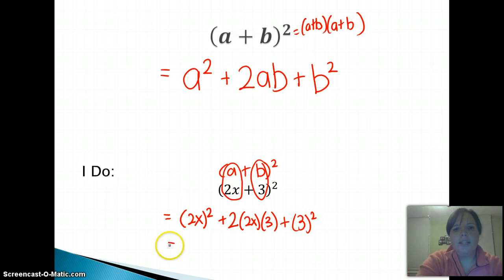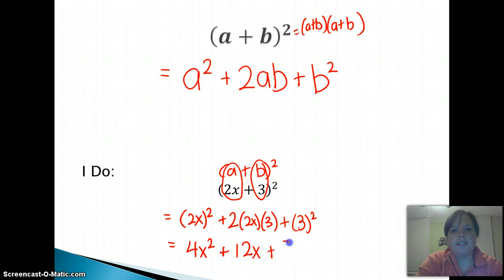If I simplify this, 2x squared is 2x times 2x, which is 4x squared. 2 times 2x is 4x, times 3 is 12x, and then 3 squared is 9. Once you get the hang of it, it's a shorter way to go through your FOIL type situation.